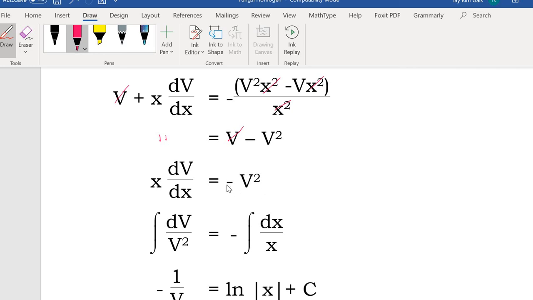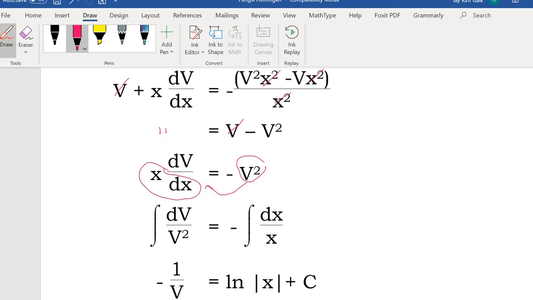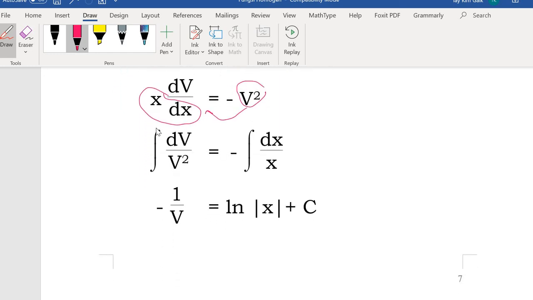Okay, so you bring the v squared to the left side, dx over x to the right side, so the left side becomes dv over v squared. Negative, normally we leave it at the right hand side. Then you integrate both sides.